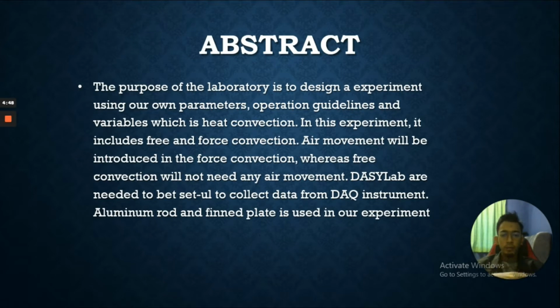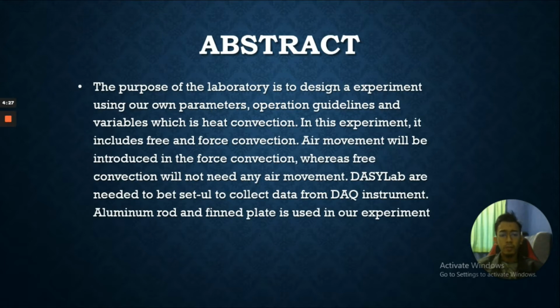Today I will present a little bit about the abstract for this experiment. The purpose of the lab is to design an experiment using our own parameters, operation guideline and variable, which is heat convection. This experiment includes free and forced convection.